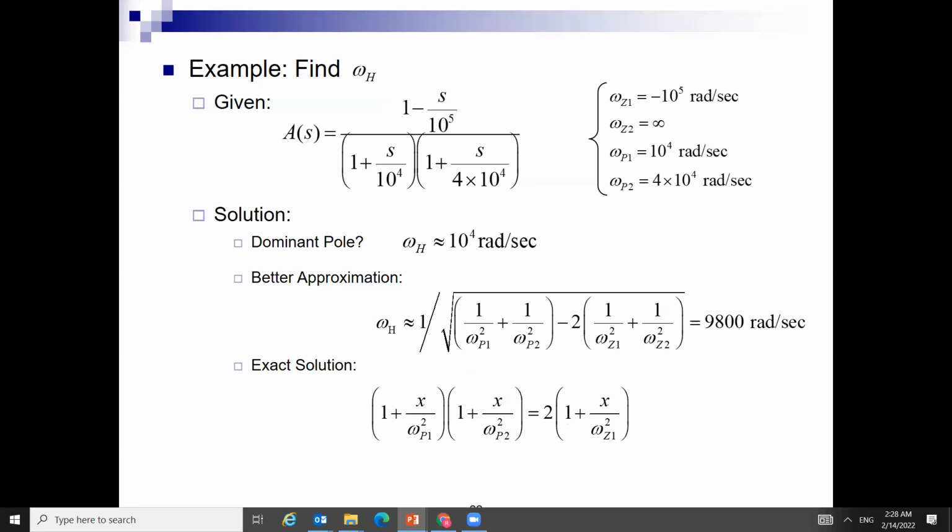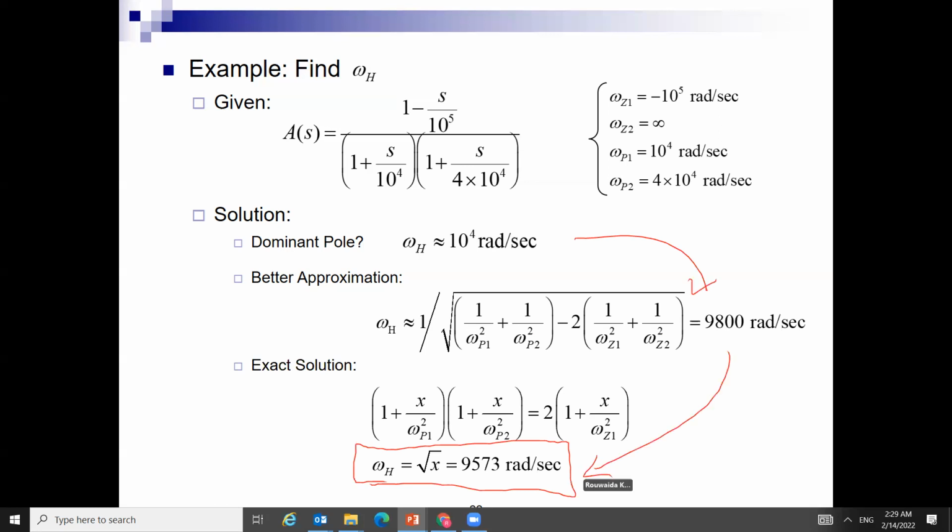And if we expand this mathematical term, we will wind up with a 3 dB frequency around 9,573 radians per second. So you can see how the approximation for the 3 dB frequency is around 5% far from the exact solution when using the dominant pole. And the better approximation is indeed better because we are closer to the exact solution.